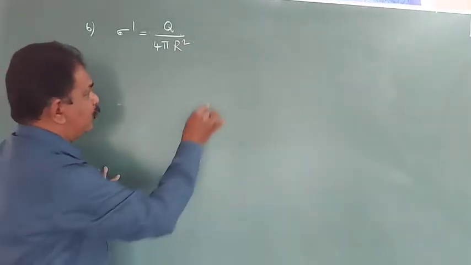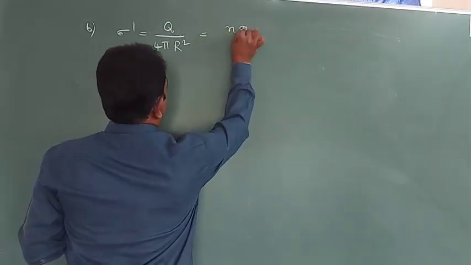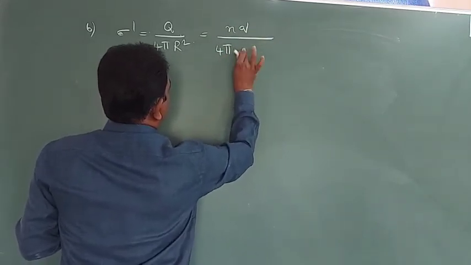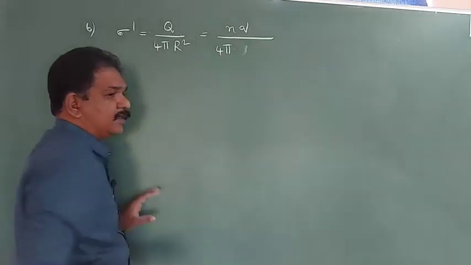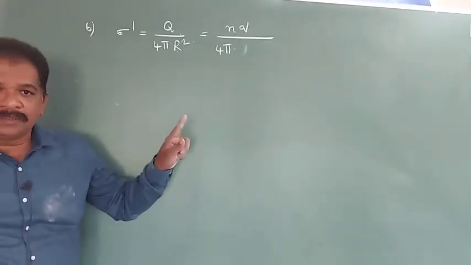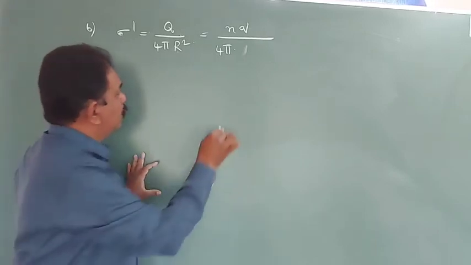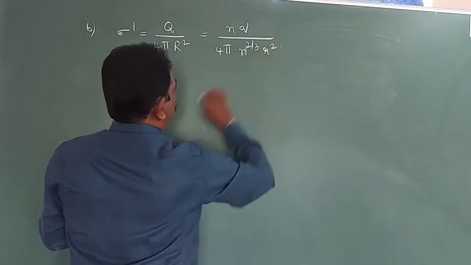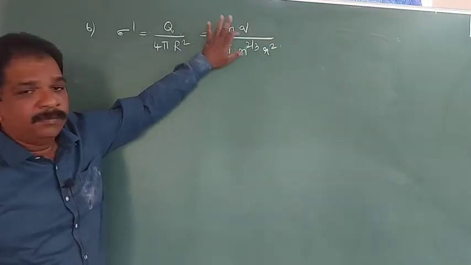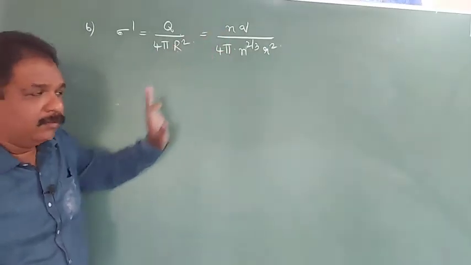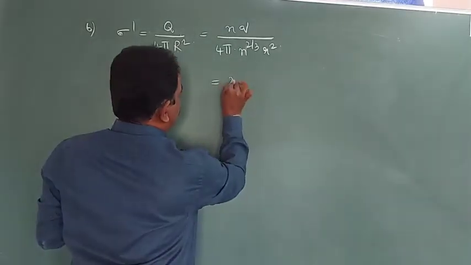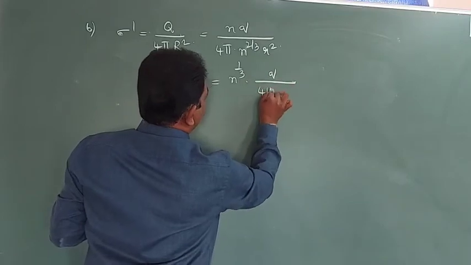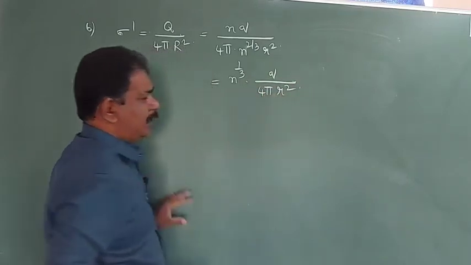Capital Q value will be n into small q. This is 4 pi. R is how much? n power 1 by 3 into small r. So it becomes n power 2 by 3 small r square. n by n power 2 by 3 means n power 1 by 3 into q by 4 pi r square.